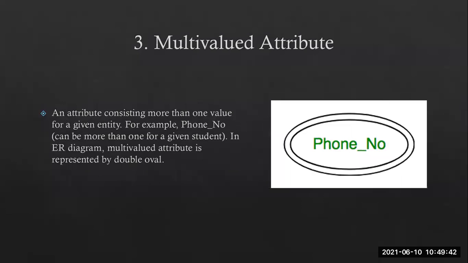The third attribute is called a multi-valued attribute. Now let me give you the example. When you took admission in our college, in the admission form we had the option of your phone number and parents' phone number, right?